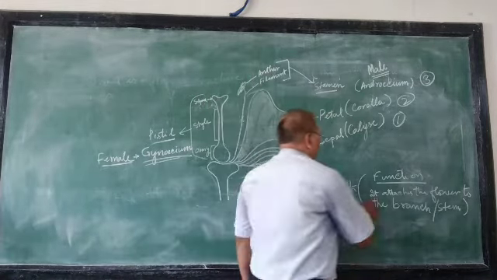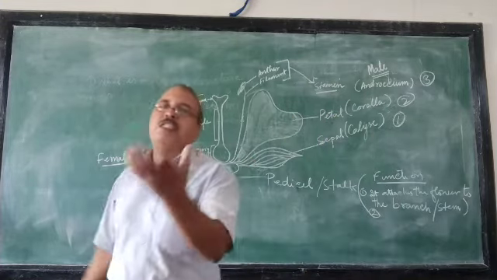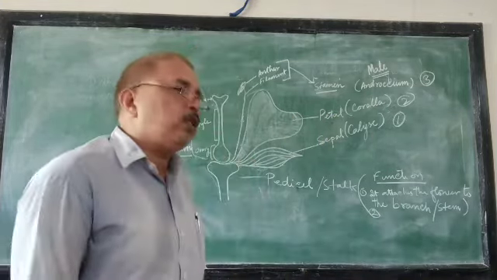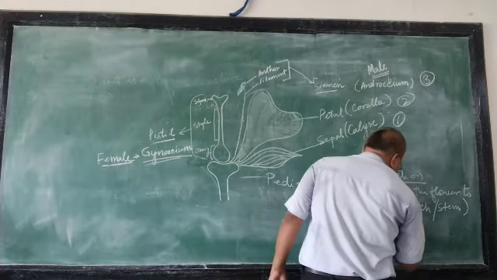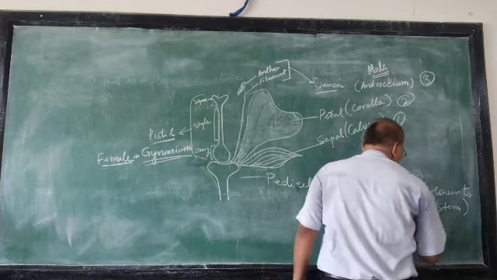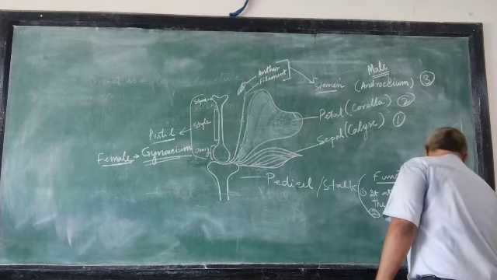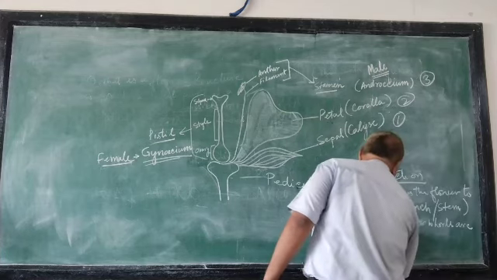What is the second function? One more utility it has. The second utility is that all flower walls are arranged on it.